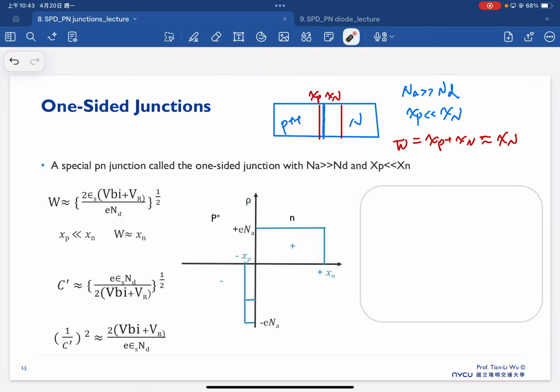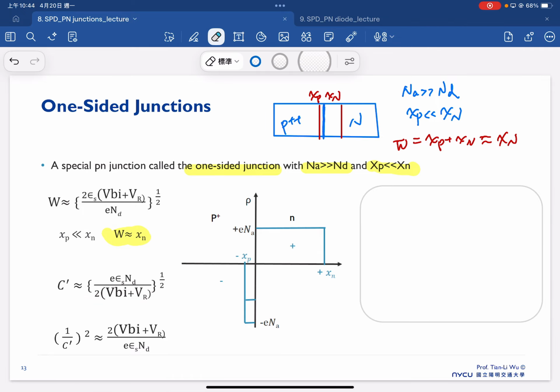So a special PN junction is called a one-sided junction, where the p-type doping is much larger than the n-type, and therefore the depletion width in the p side is much smaller than in the n side. Therefore, you can start to use the equations we have, now with this approximation, together with the previous junction capacitance.